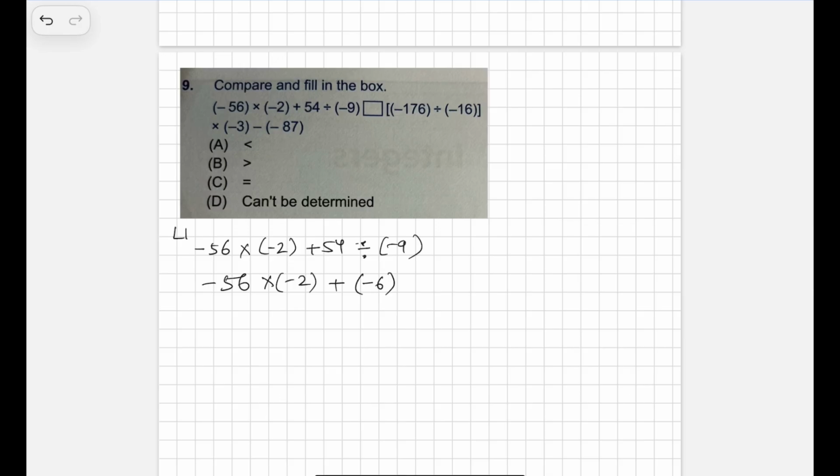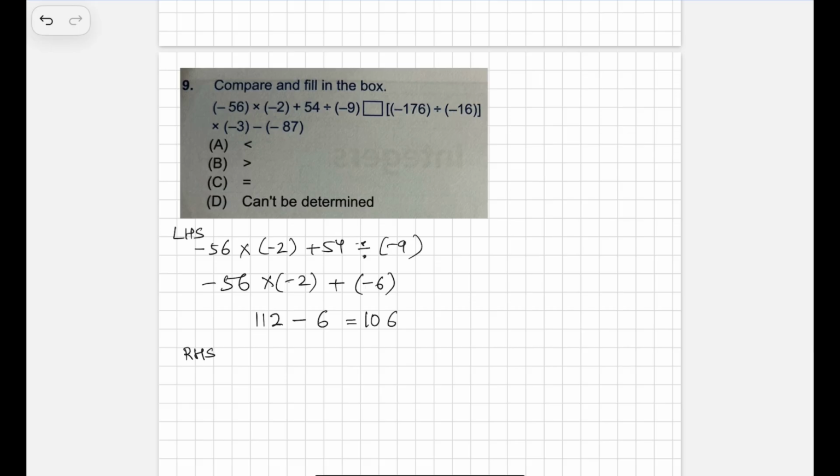First we are calculating the left hand side. So minus 56 into minus 2 is 112. Minus and minus becomes plus when you multiply. Plus and minus is minus. 112 minus 6 becomes 106. Now we'll calculate the right hand side.